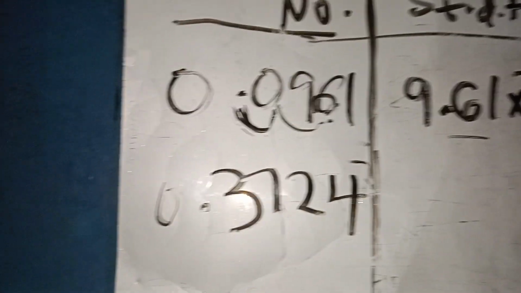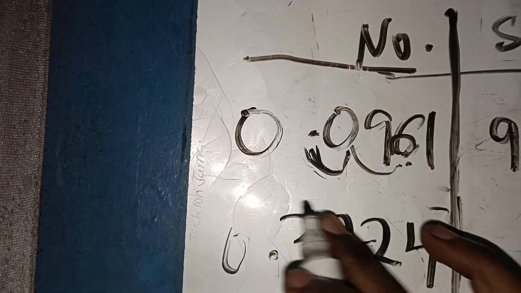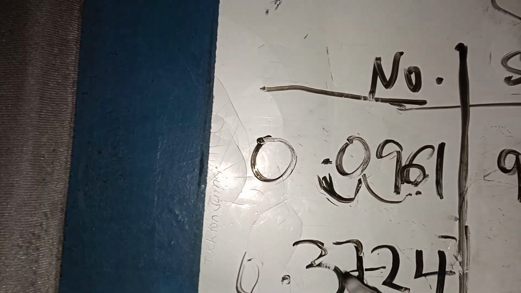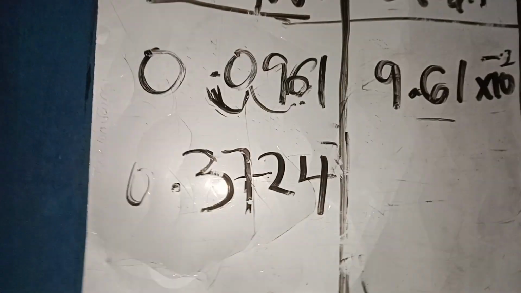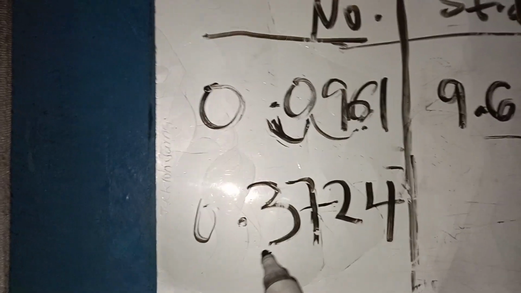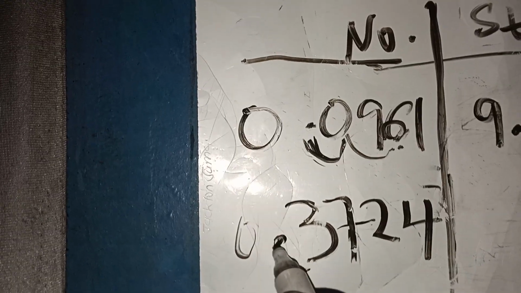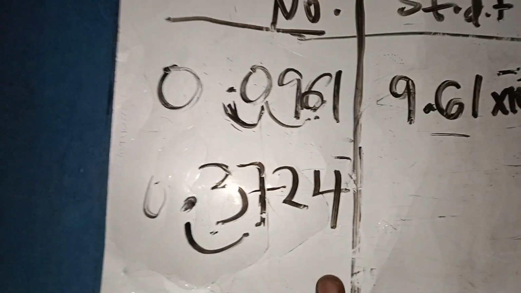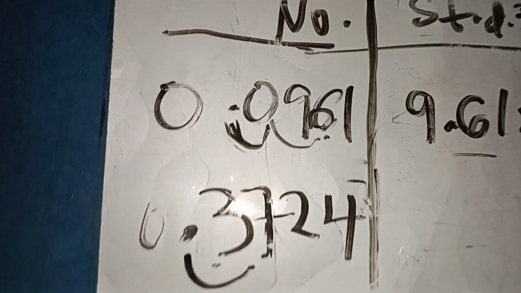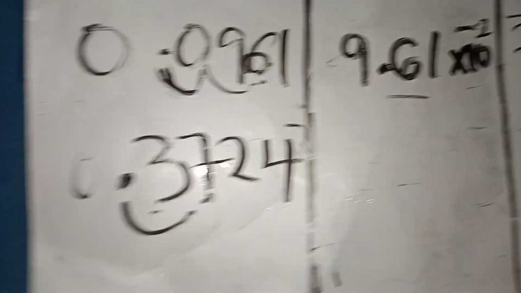0.3724. So let me write it well like that. So this also, it is a decimal and it lacks one non-decimal number which is more than 0. So we will go 1. Why are we going 1? Because we have reached a number that is non-decimal and it's more than 0.